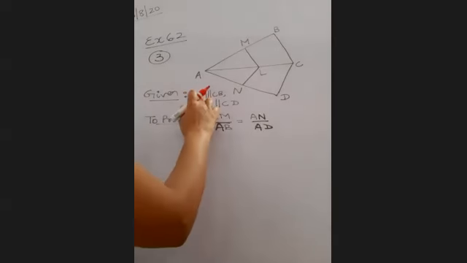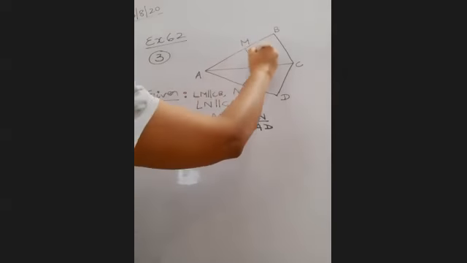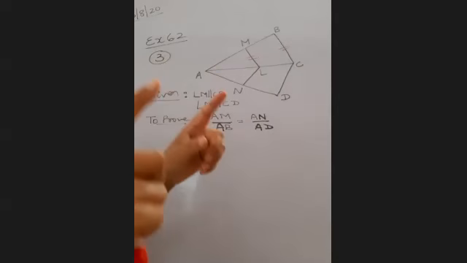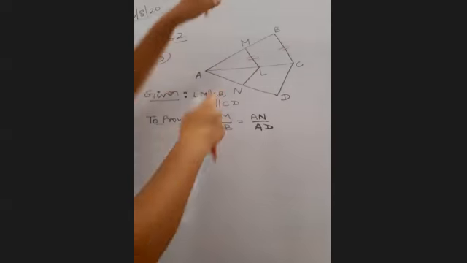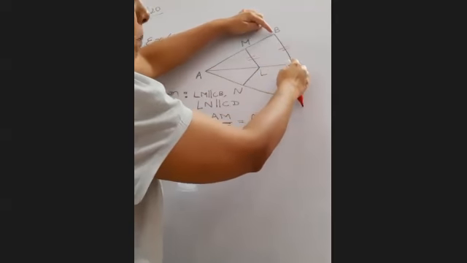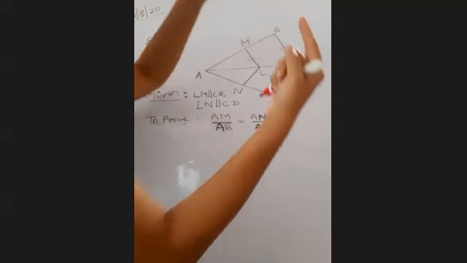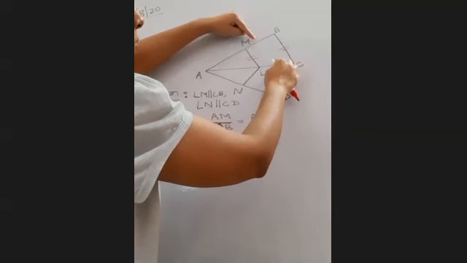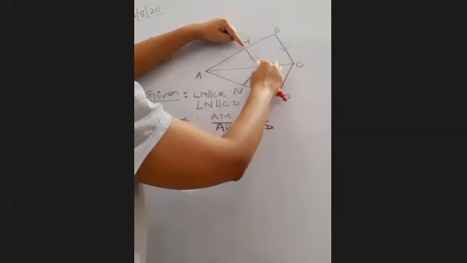We are given LM parallel to CD. Look at the end points of these two lines, BC and LN. From BC, start coming towards LN. That is the end points.